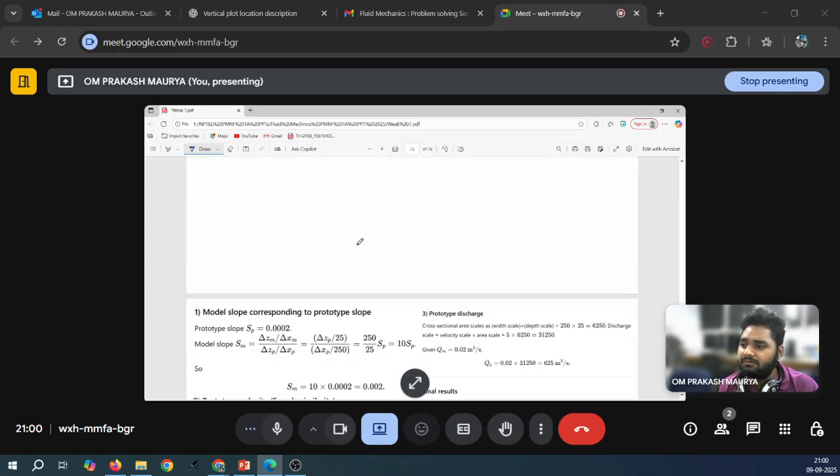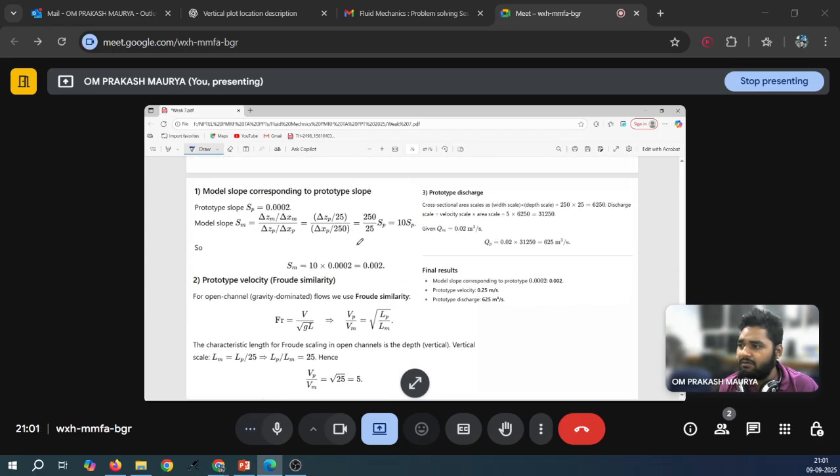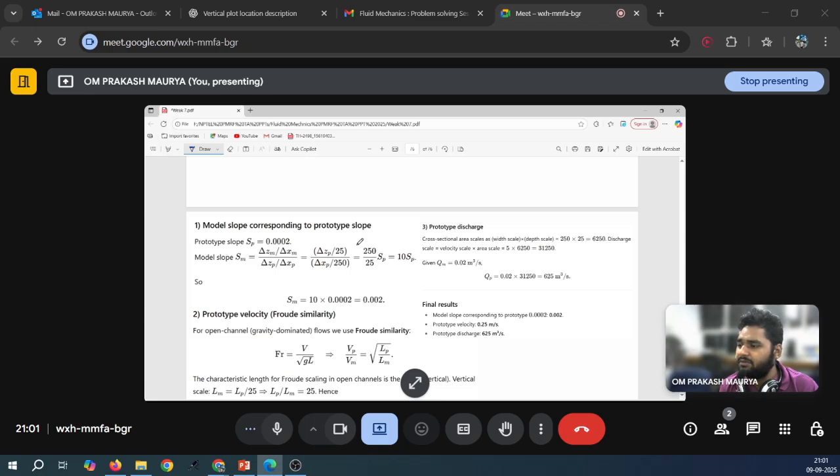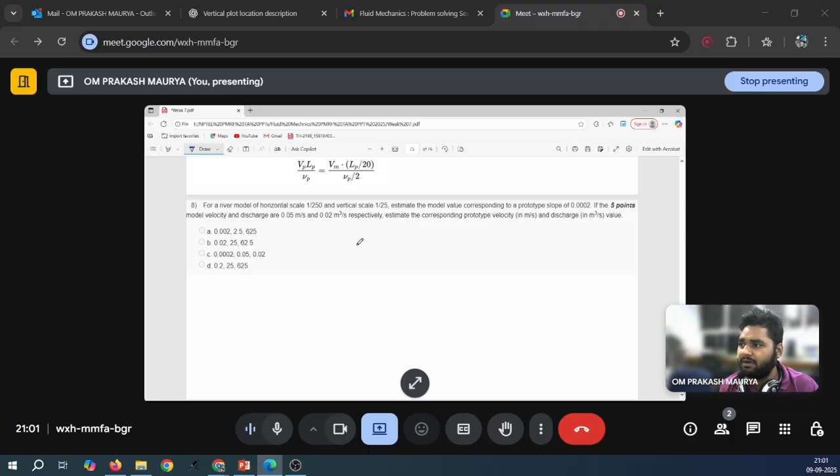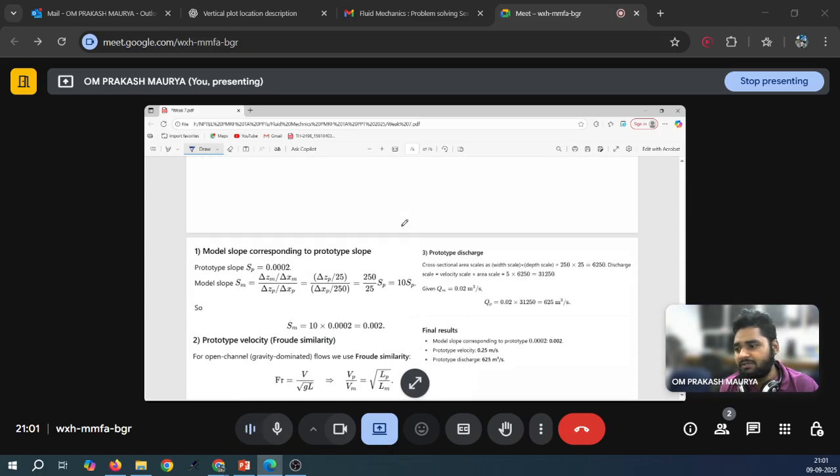Another question. Okay, so another question is about river Froude number similarity. A river model of horizontal scale 1 is to 250 and vertical scale 1 is to 25. Estimate the model value corresponding to the prototype slope given. If the model velocity and discharge are given, estimate the corresponding prototype velocity and discharge.